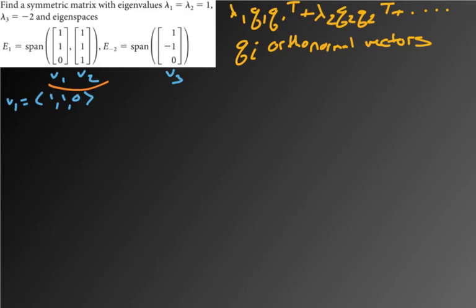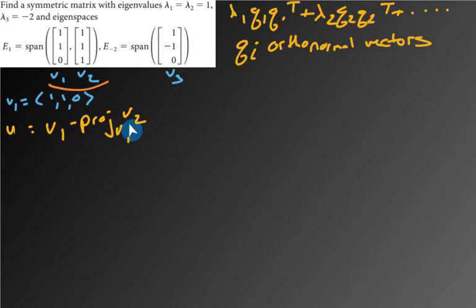So to do Gram Schmidt, this other vector that I'm going to build in my set, I'm going to call it U, is going to equal V2 minus the projection of V2 onto V1, right? And that would do it. That's what we do for Gram Schmidt.